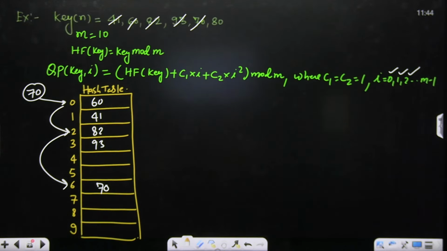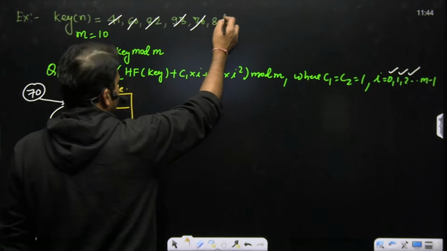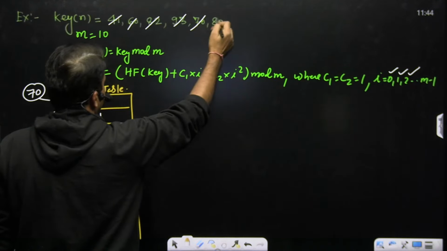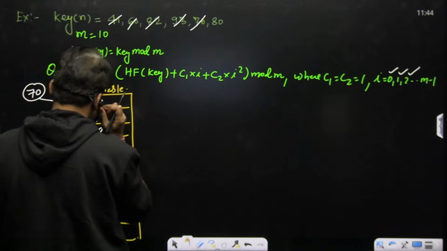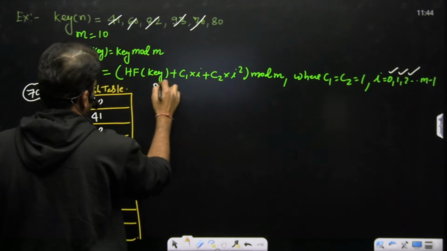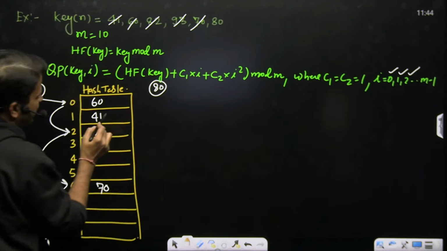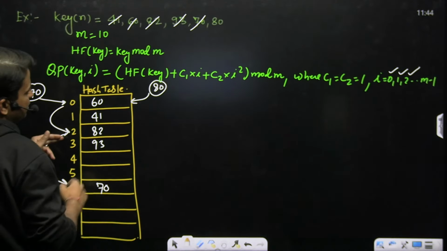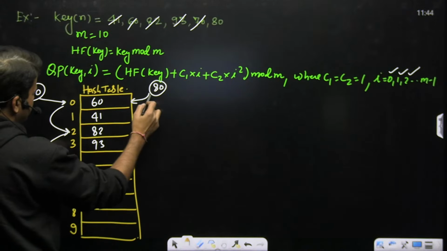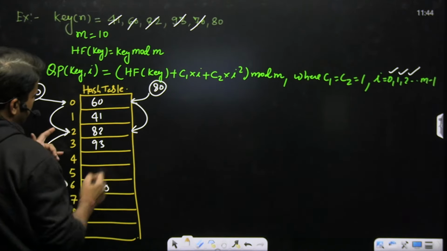Okay. Now, sir, 80, where is 80 stored, student? Where is 80? So apply the hash function for i equals to 0, it gives 0, sir, collision at 0. Then choose i value equals to 1, then it searches, sir, again collision.